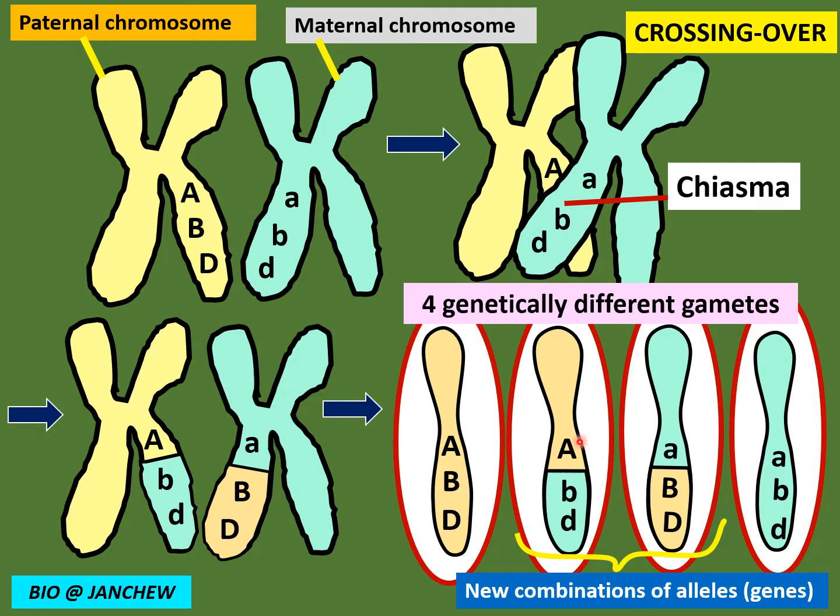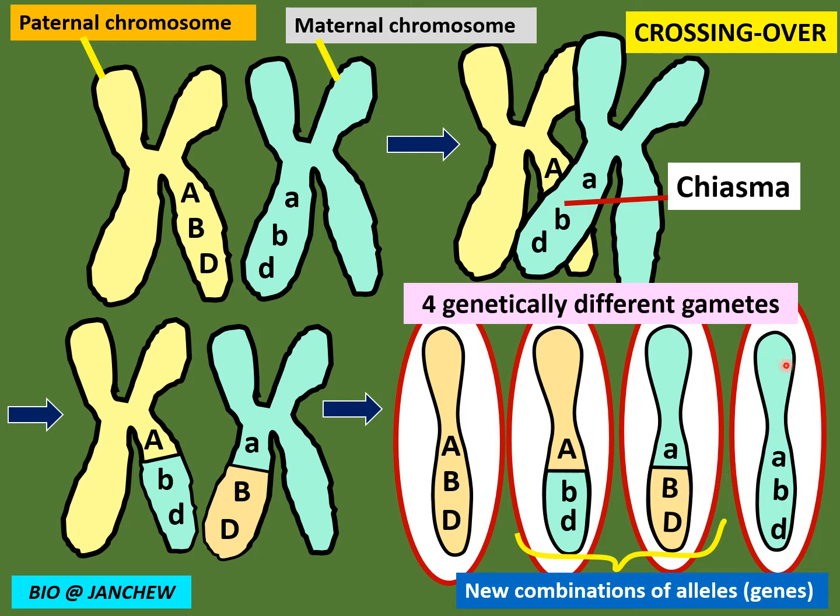So it has a dominant allele here, capital big A, and then small b and small d. And the third one, the maternal chromosome or chromatid, has one recessive allele and two dominant alleles from the father. So this is a new combination of alleles or genes.